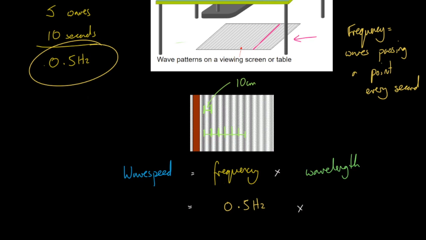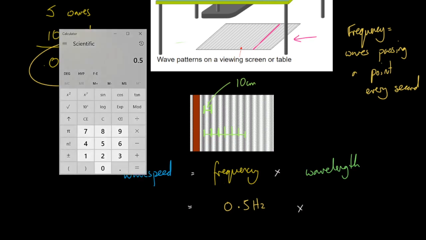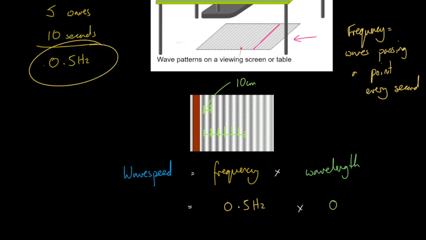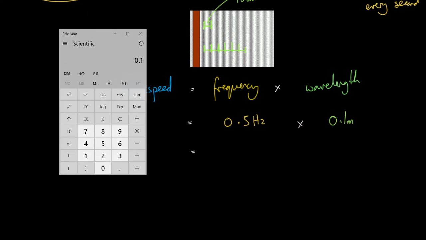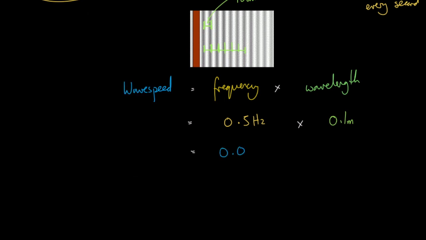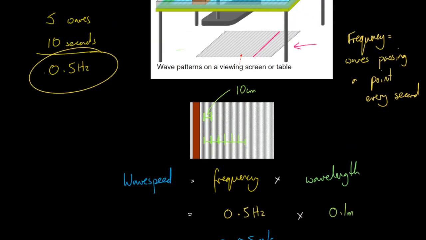Now the wavelength is 10 centimeters, that's no good because I need it in meters, so that will be 10 divided by 100, 0.1, so that's 0.1 meters. And if those two values were true, it would be 0.5 times 0.1, 0.05 meters per second. Brilliant. Thank you very much.